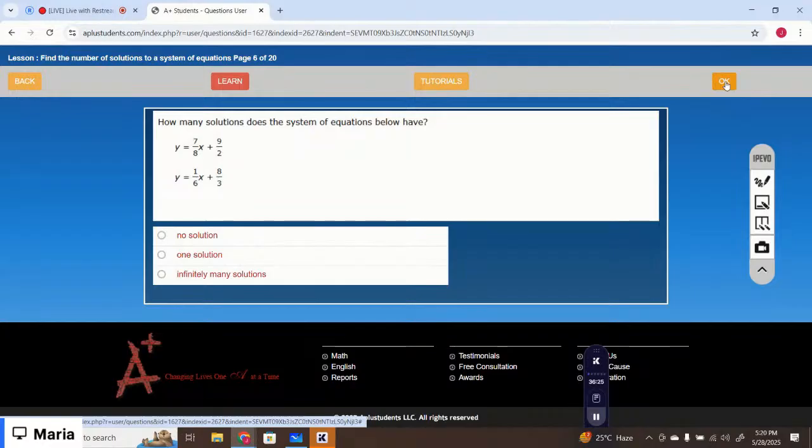So which is the correct option? The correct option is one solution.